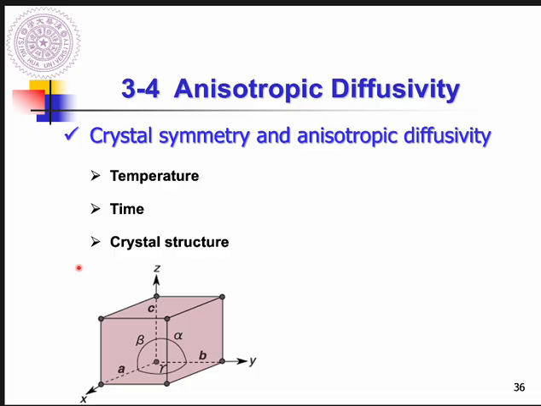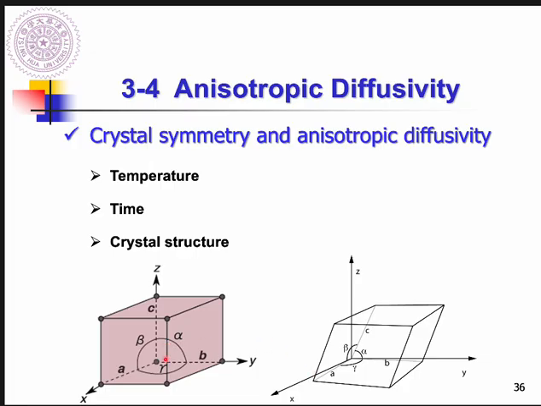that crystal structure also will affect the diffusivity a lot. For example, we have a cubic, which means that alpha, beta, and gamma equal 90 degrees. This we call a cubic structure. The diffusivity for a cubic structure, usually in this crystal, we call isotropic diffusivity. Not really isotropic, but compared to this one, because here alpha, beta, gamma equal 90 degrees.